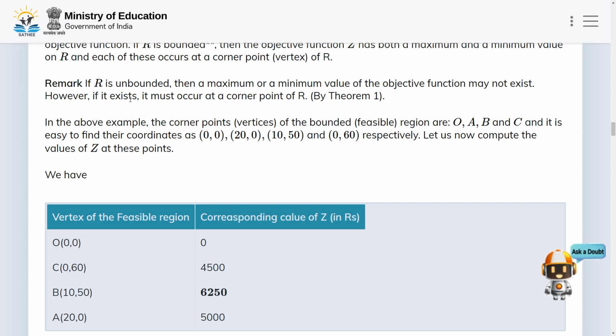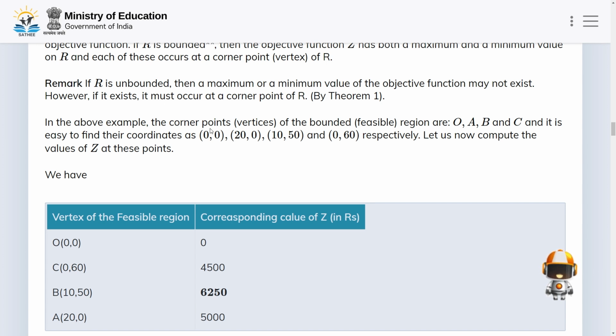If it exists, it must occur at a corner point. So in total, your optimal solution will be at some corner point.